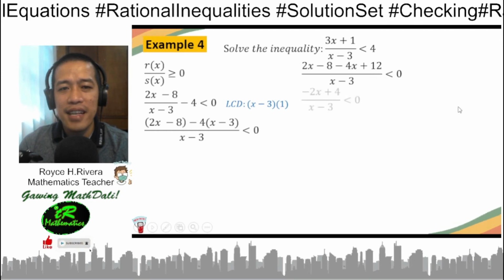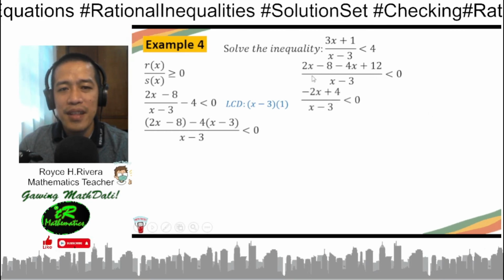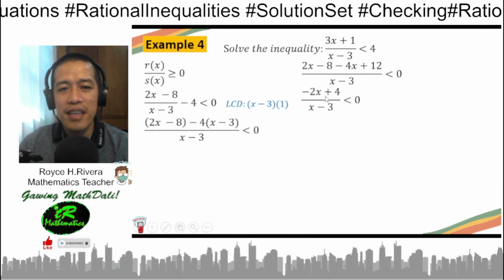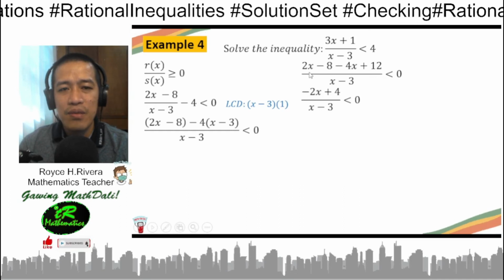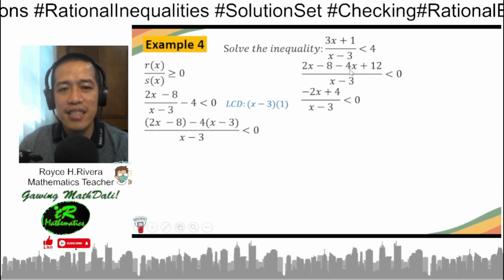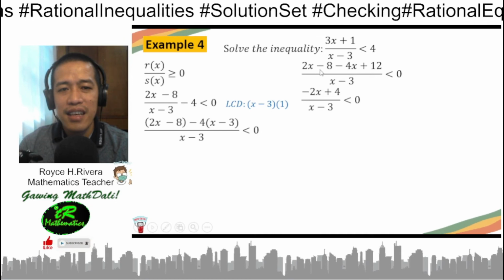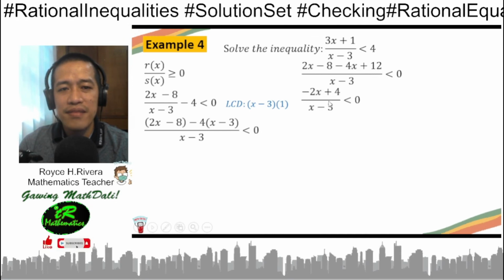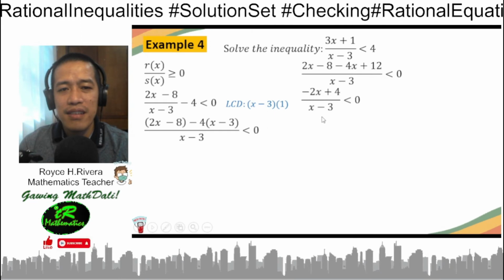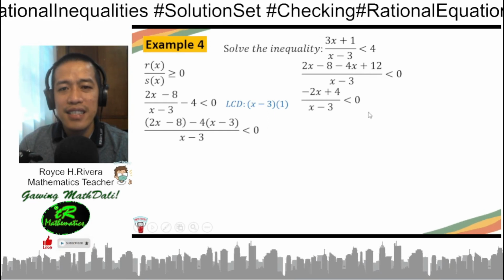Then we combine like terms. We will have negative x plus 13. 3x minus 4x is negative x. 1 plus 12 is 13. All over x minus 3 less than 0.